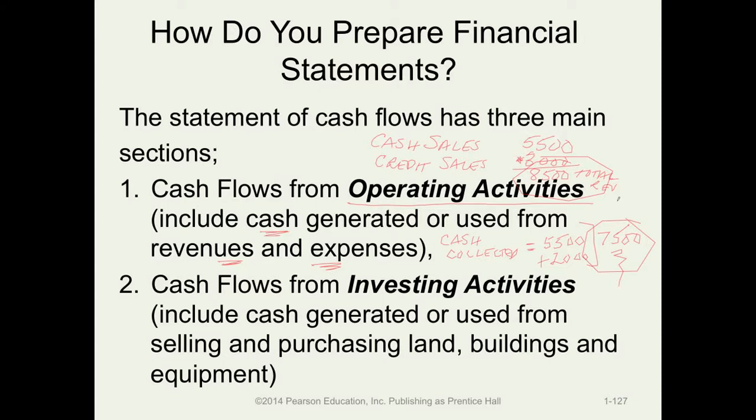And we'll explain this in more detail, not only now, but at the very end of the semester. Another activity are investing activities. Typically, it's cash generated or used by the following activities. When you sell land, or you sell a building, or you sell equipment, it's considered cash from investing activities.